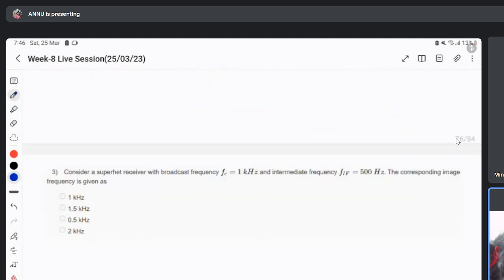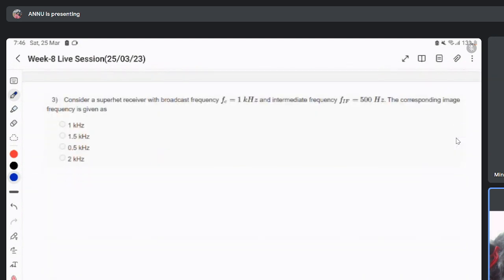So, the third question is: consider a superheterodyne receiver with a broadcast frequency FC and intermediate frequency FIF of 500 Hertz. The corresponding image frequency is given as? Please solve.